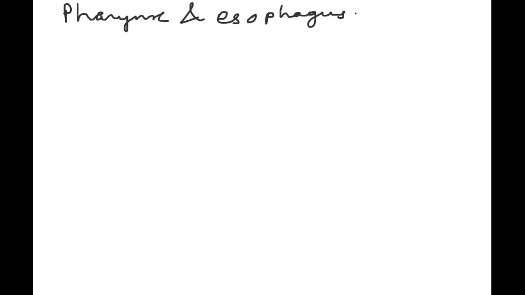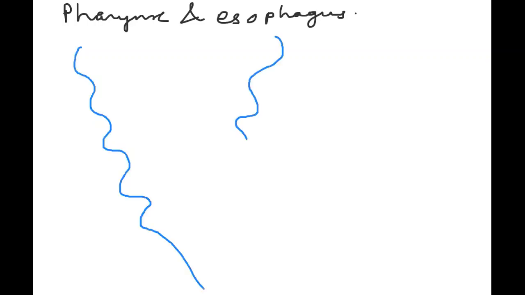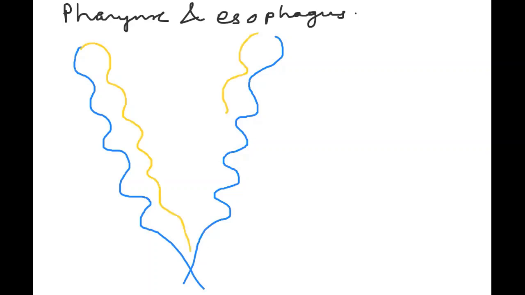Now, in the initial diagram of these pharyngeal arches, we have seen the ectodermal cleft and the endodermal cleft or the pharyngeal pouches. What happens to them?